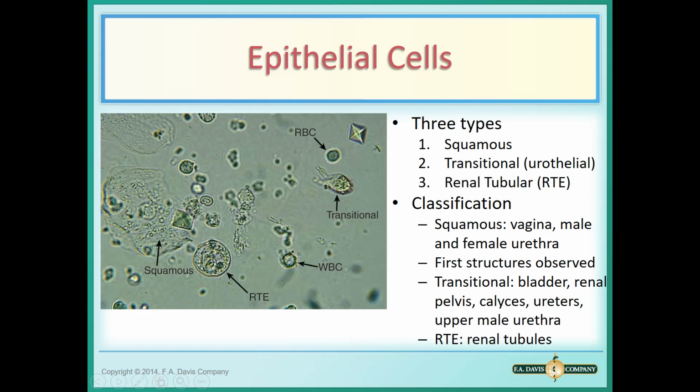There are 3 kinds of epithelial cells, and this is a great picture of the 3 different types: squamous, transitional, and renal tubular. Squamous is generally clinically insignificant. They're these really large epithelial cells, which come from the vagina and the male and female urethra.